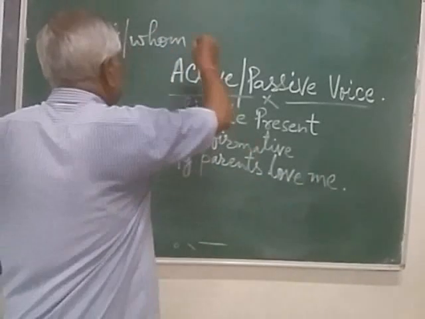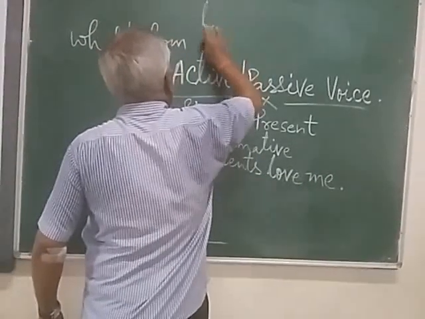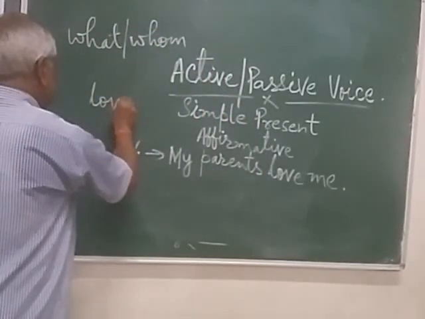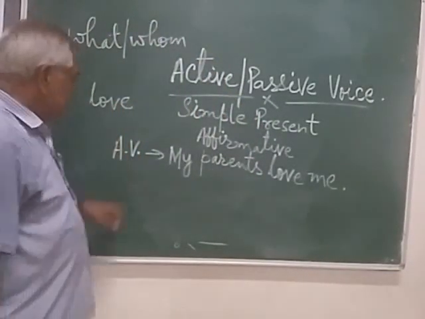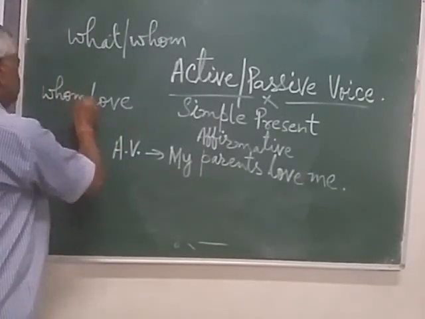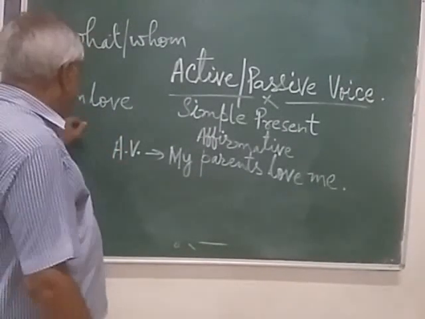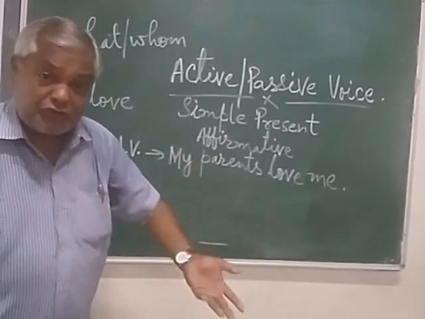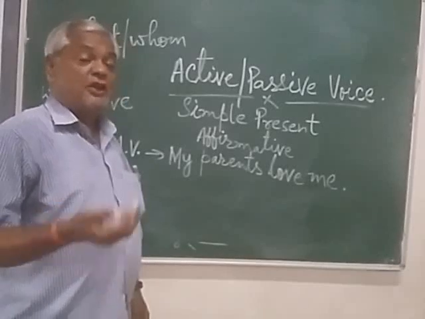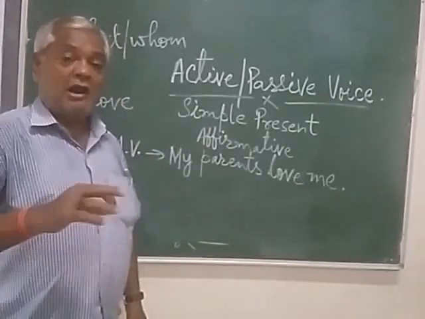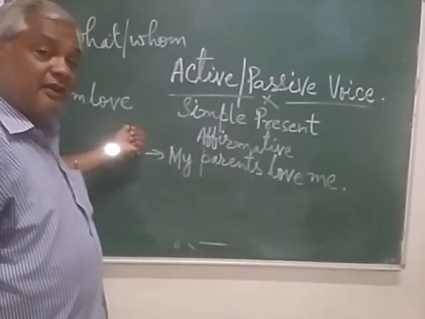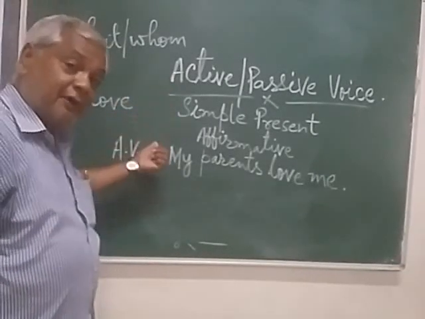For love, you apply the word whom. Then the answer comes in a positive way. Whom does one love? It may be Ram, Shyam or Gopal who is loved. So love is a transitive verb.